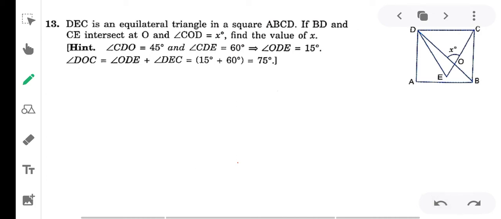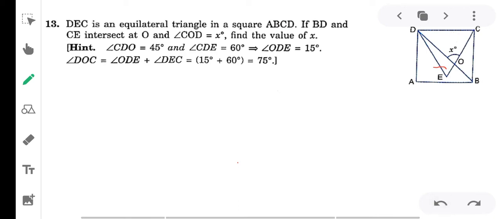Okay, so what is given? DEC is an equilateral triangle, that means angle E will be 60 and angle DCE is 60 and EDC is also 60 because this is an equilateral triangle.